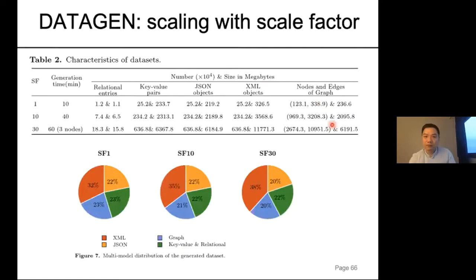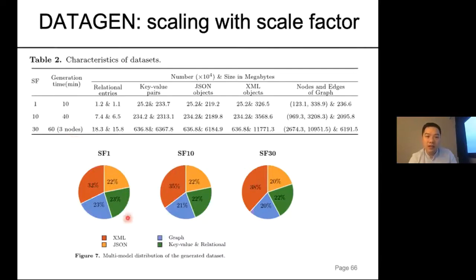And table 2 presents the results of the data generation. We leverage the data generator to produce 3 data sets with roughly size 1 gigabyte, 10 gigabytes, and 30 gigabytes by using the scale factor 1, 10, and 30. And in terms of scalability, we successfully generate 30 gigabytes of multimodal data on our 3-node cluster.